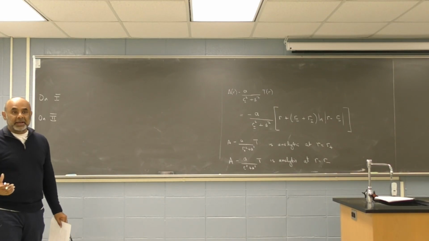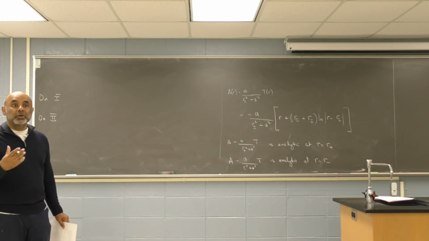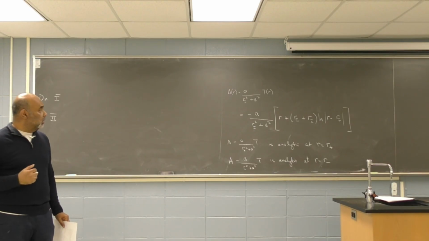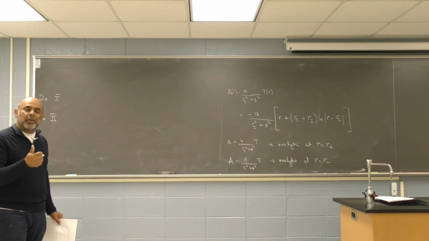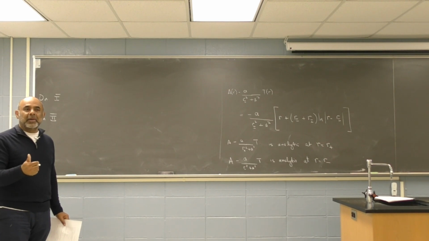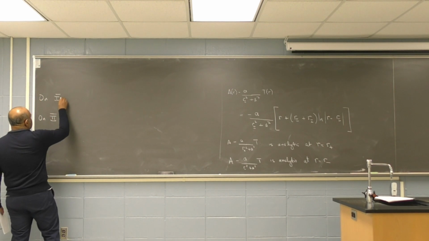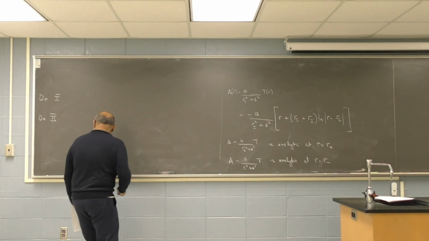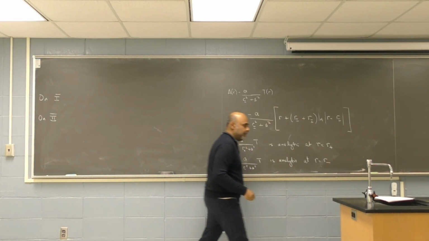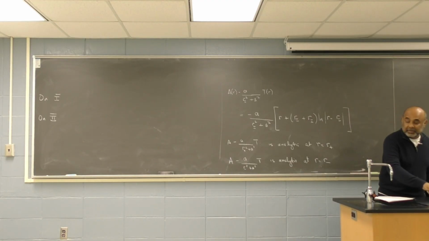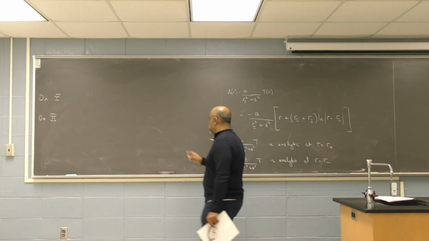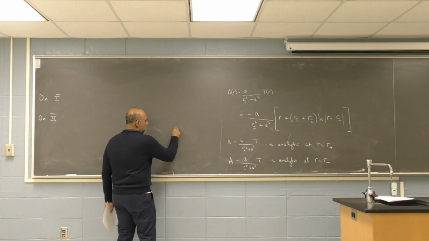And I'm going to define a new coordinate chart on these two parts. When I say block 1, what do I mean? r greater than r plus. Let me clarify here. I might have to erase this.